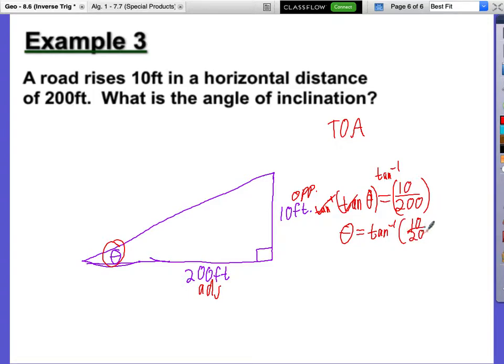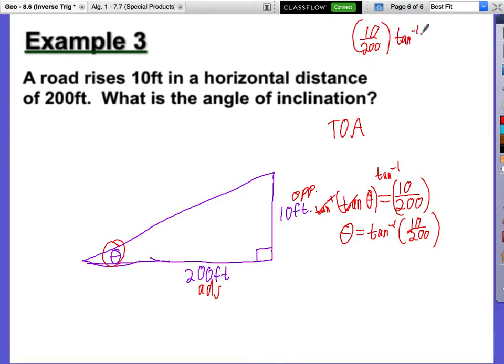Question. Answer. Why do you put the tan over the equal sign and not next to the thing? Because we always write it in front of it, because that's how we write that we're taking the inverse tangent of it. Good question. So Gracie asked, hey, Mr. Carl, why don't you just put 10 over 200 and just say that this is the inverse tangent?